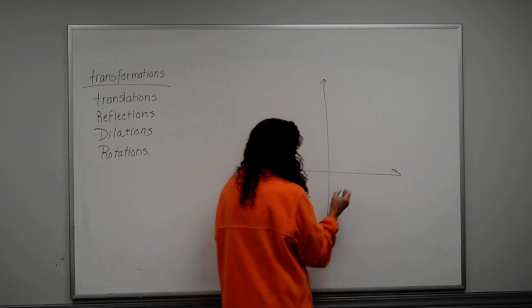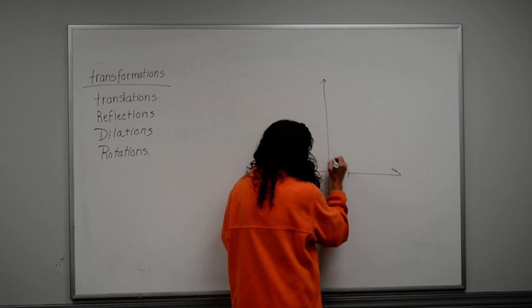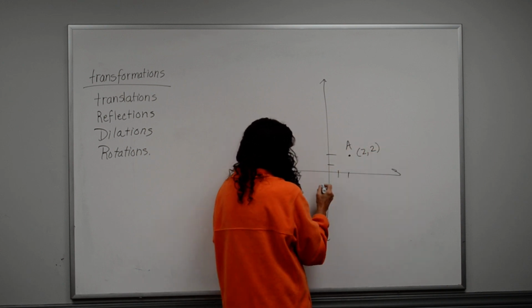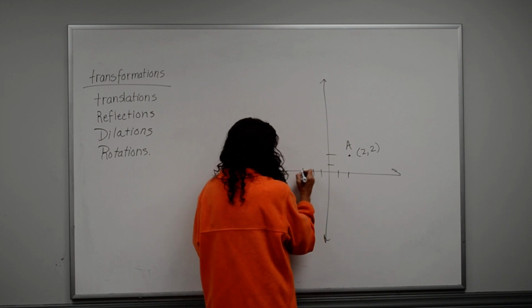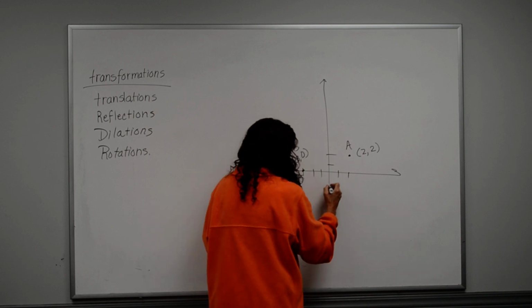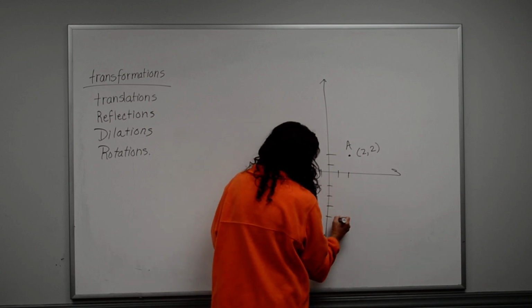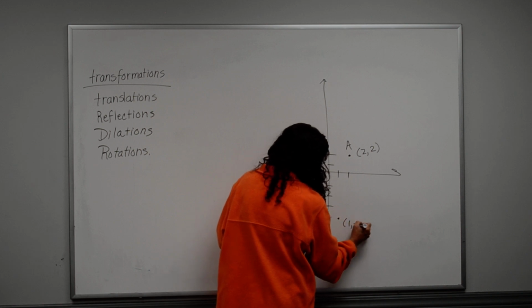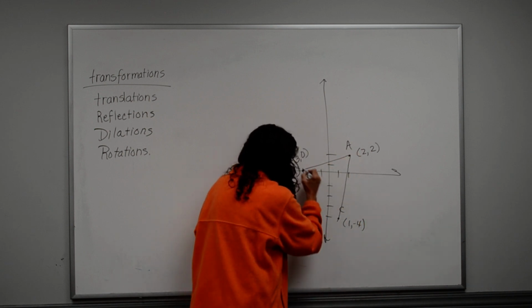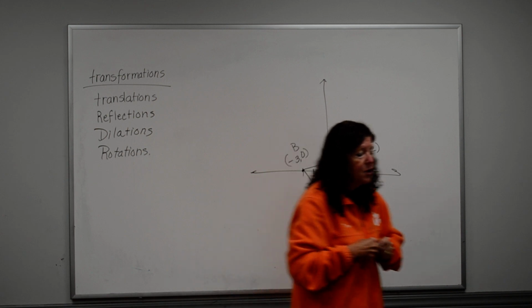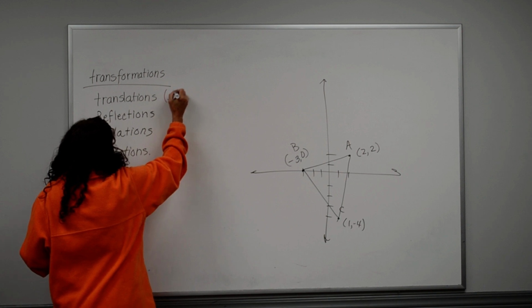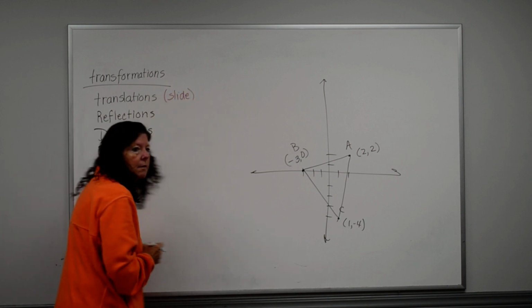Let's say I have a triangle. I say, you know what, I want to translate, or another word we use for translate, some books use the word slide.